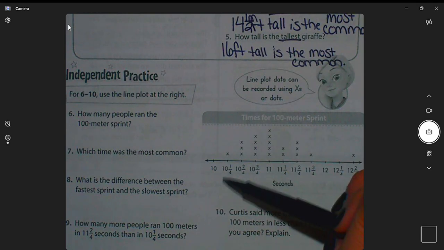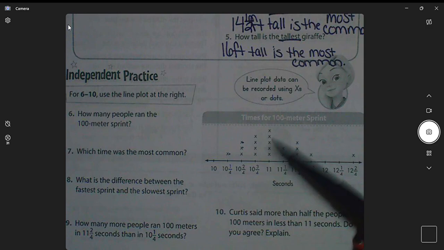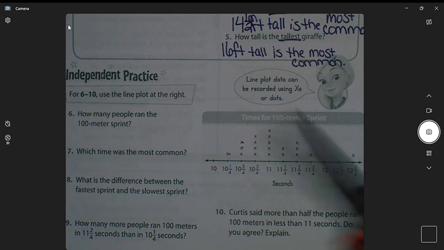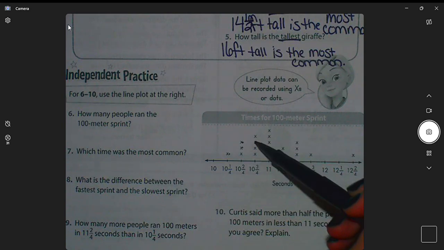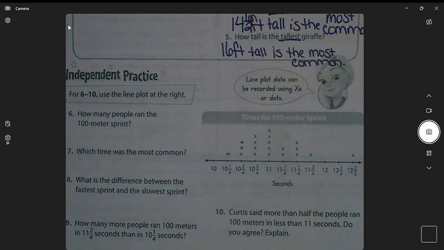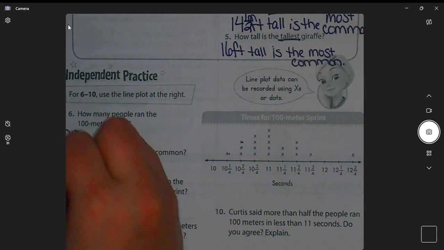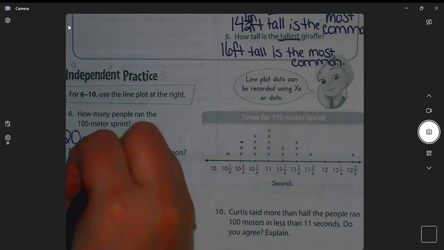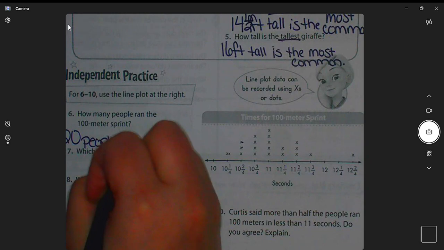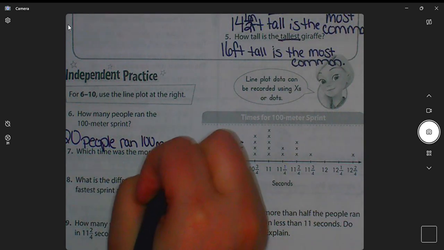So we're going to count 1, 2, 3, 4, 5, 6, 7, 8, 9, 10, 11, 12, 13, 1, 2, 3, 4, 5, 6, 7, 8, 9, 10, 11, 12, 13, 14, 15, 16, 17, 18, 19, 20. 20 people ran the 100-meter sprint.